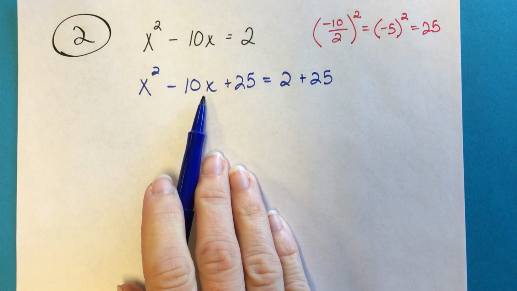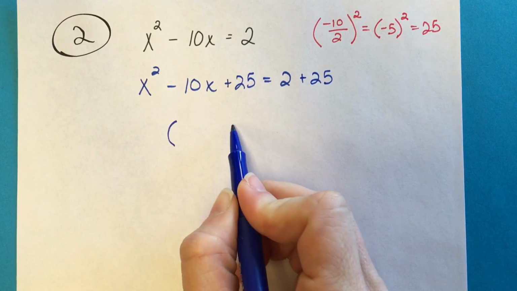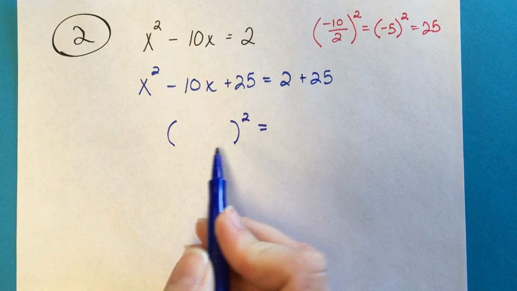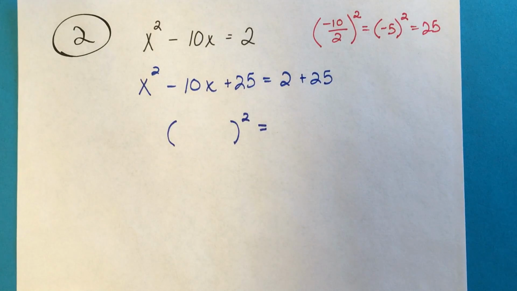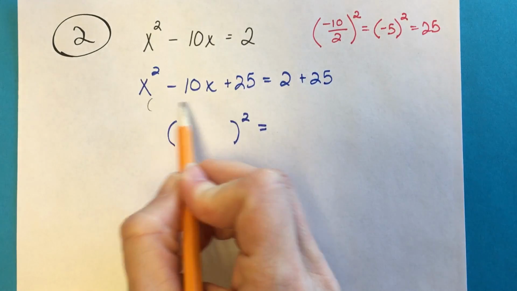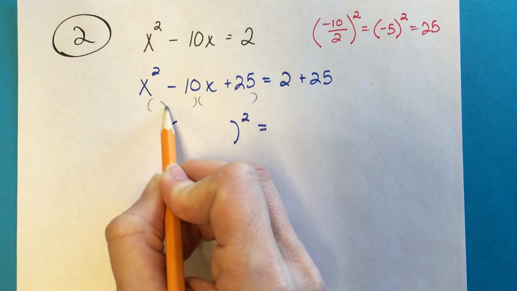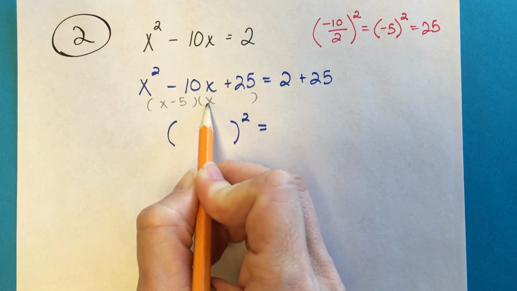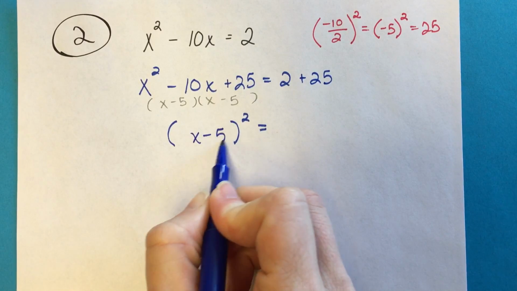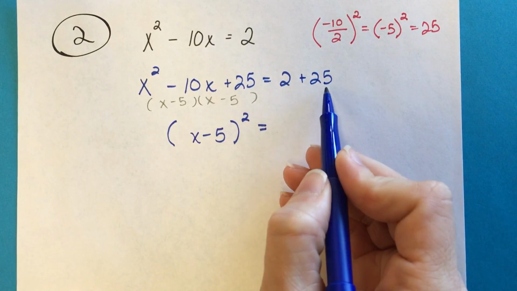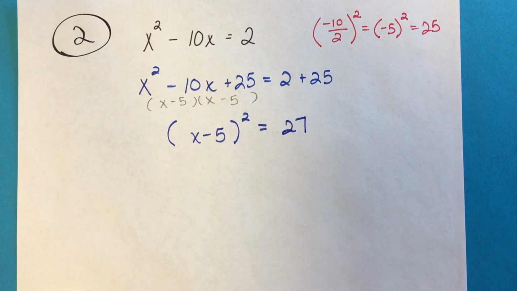Okay, so again, if you need to factor this into the 2 parentheses, you can, or if you can do it in your head, then you can go straight to what you would have here. Your 2 parentheses would end up being x minus 5 times x minus 5, so that would be x minus 5 squared. Add your 2 and your 25, so you get 27.